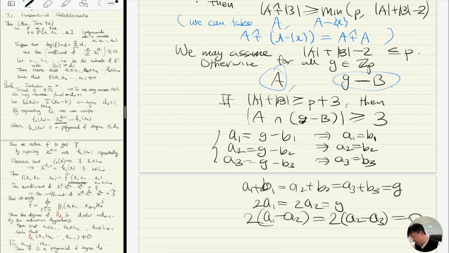Wait, that means a1 is equal to a2. It's not interesting. I don't know why I need a3. So let me see. Why did I have a3?